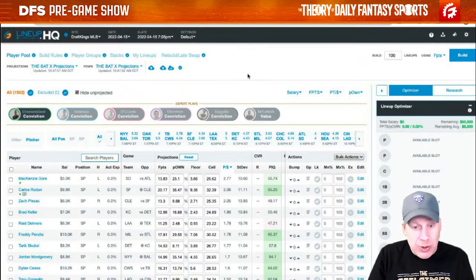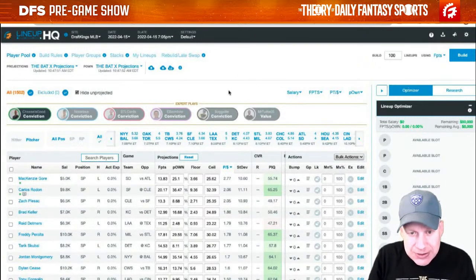After 2 or 3 hours, you'll be like, yeah, taking 2 or 3 hours to build lineups is just untenable, hand building. I wish I had a tool to do this more efficiently. Now that you know what lineups you want to build, you go to the lineup builder and say, I want you to build these types of lineups for me. If you're not going in knowing what lineups you want to build, then there are no magic settings.